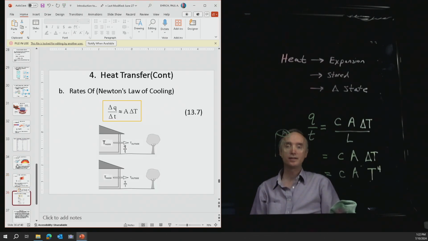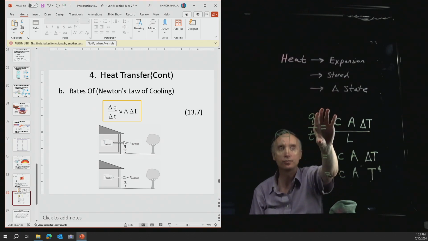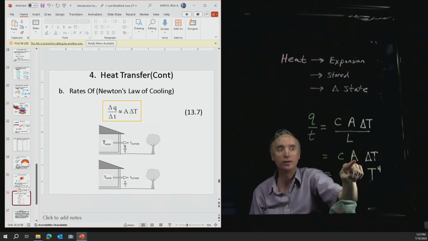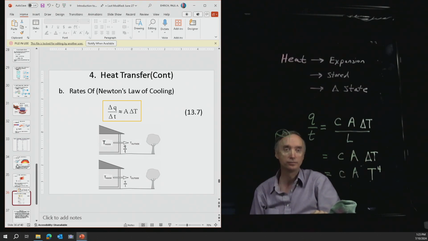So, last thing that I wanted to mention to you is this idea of Newton's law of cooling. So all three of these are Q over T's. All three of them depend on area A. All three of them depend on temperature in some manner.